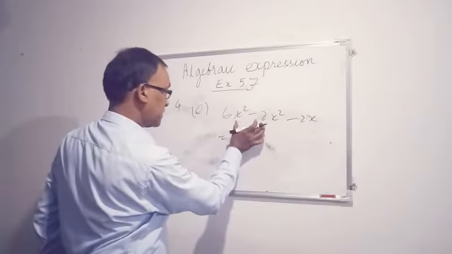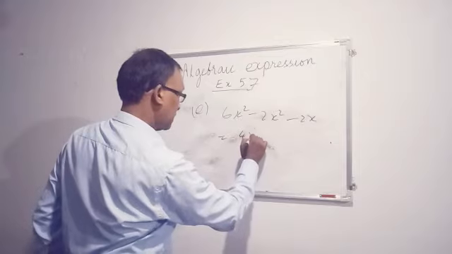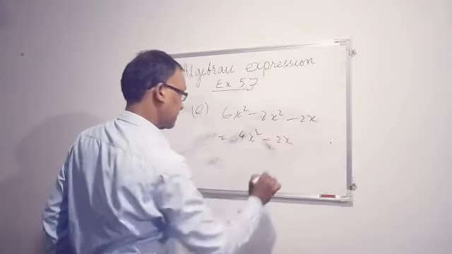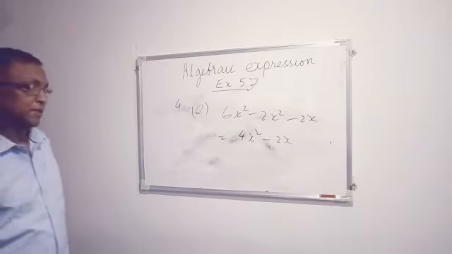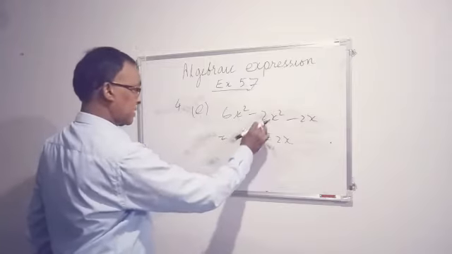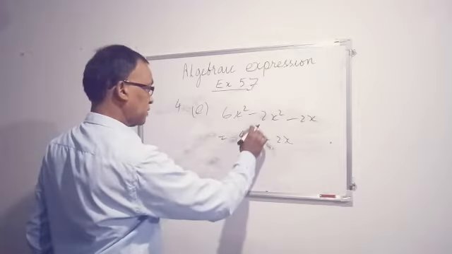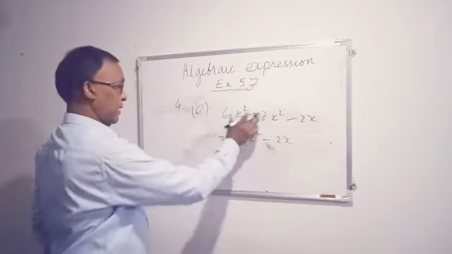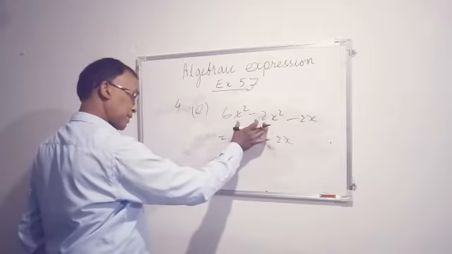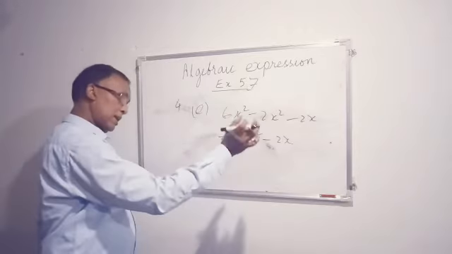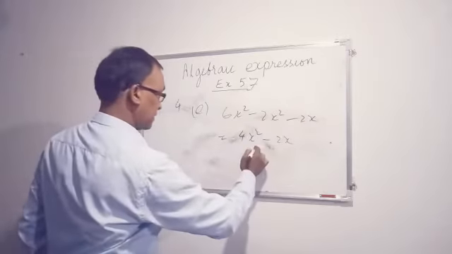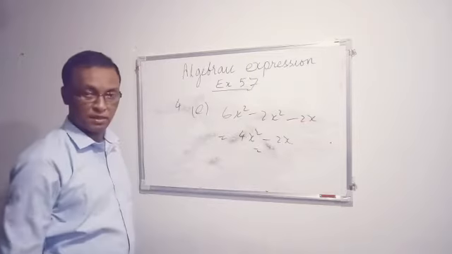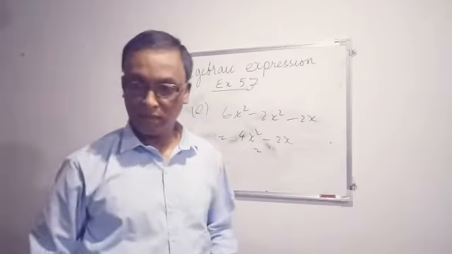If you subtract these two, 4x square minus twice x. So these are unlike terms because the exponent is different, x to the power 2, x to the power 1. So within like terms I am subtracting, getting 4x square, then minus 2x. So this is the answer. I think it is clear now.